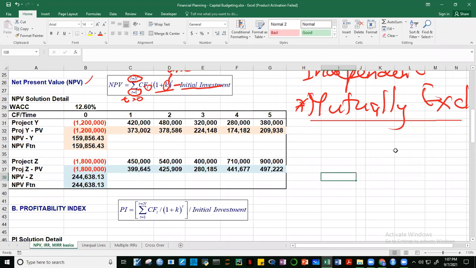Once you get 244 guys, paki-chat. 244638.